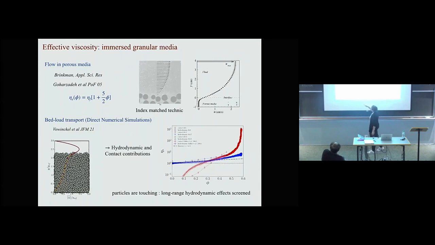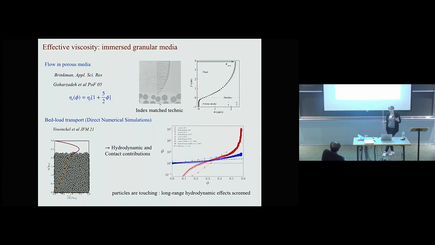we use, if we look at the contribution from the hydrodynamic or from the contact, we found that for the hydrodynamic, when we go from low phi to high phi, for low phi we recover the Einstein case, and for high phi, we increase a little bit due to the lubrication, but we don't diverge.